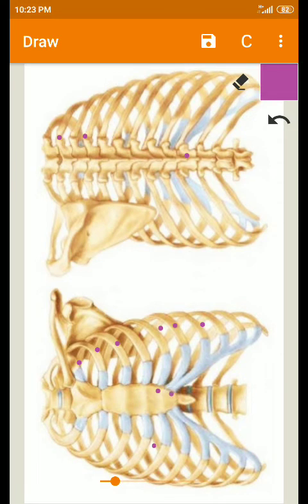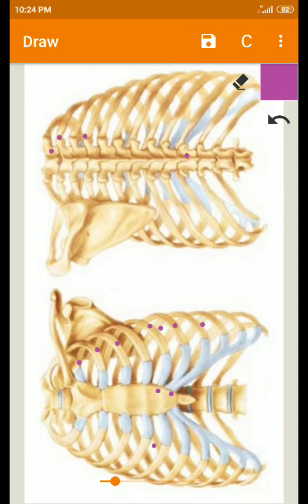Okay, so these ribs are called true ribs. What do you call? True ribs. So these are also called vertebrosternal ribs. So that means 7 ribs are connecting the vertebrae to the sternum, so they are called vertebrosternal ribs or true ribs.